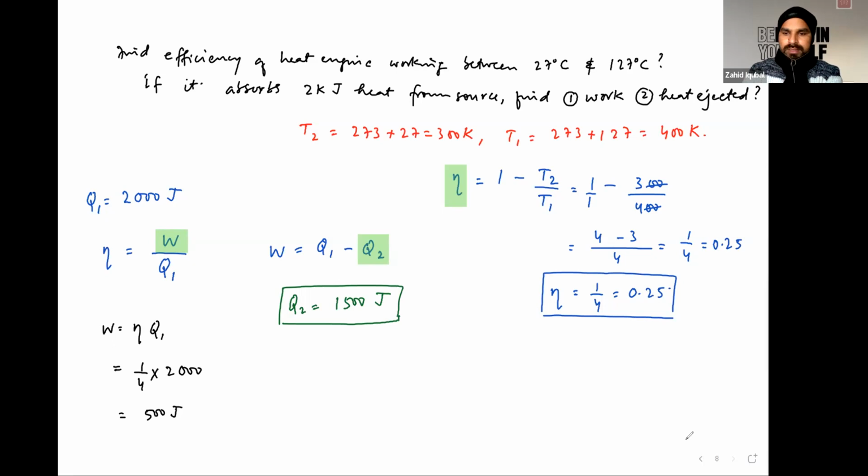Now related to this part, you'll be asked: is it possible for the efficiency of a heat engine to be 100% or 1? Let me define eta equals 1 minus T2 by T1. If eta has to be 1, this entire term must be 0.